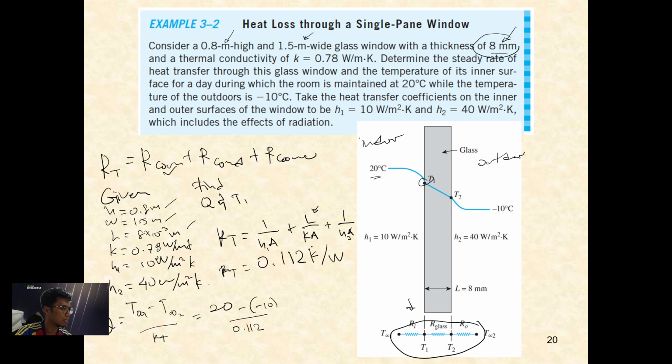This is Kelvin, not kilo, okay? So the answer is 267.02 watt. This is the overall Q. You have only got Q. Remember, you have only got Q, and you do not have T1 yet.